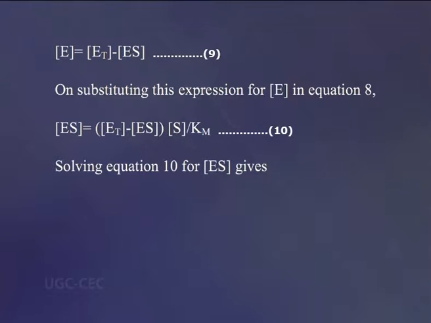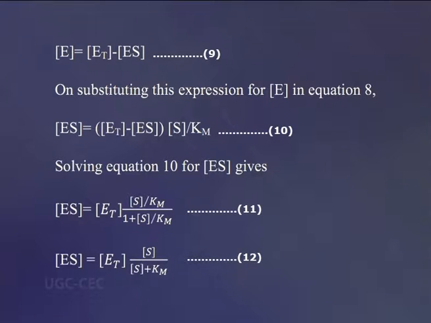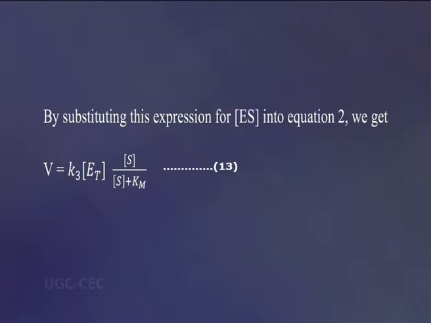Solving equation 10 for ES gives ES equals ET times S upon Km divided by 1 plus S upon Km, equation number 11. ES equals ET S upon S plus Km, equation number 12. By substituting this expression for ES into equation 2, we get equation 13.